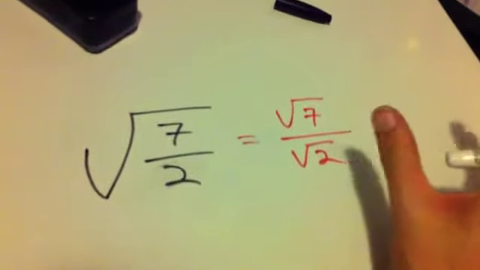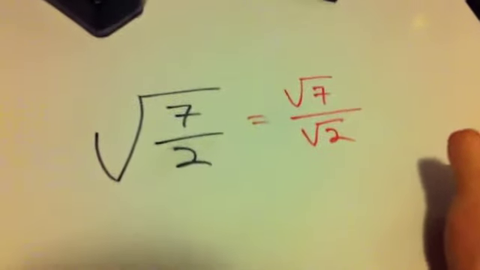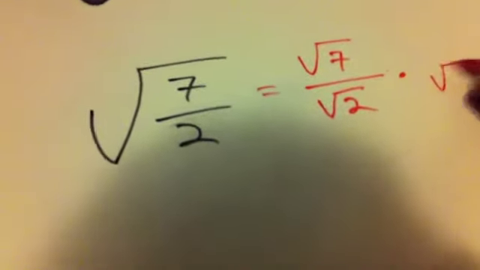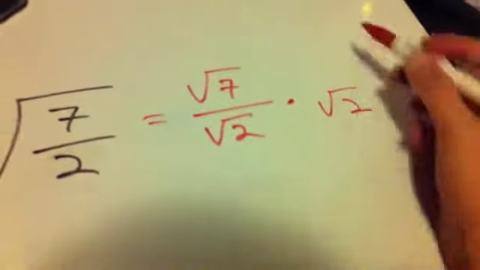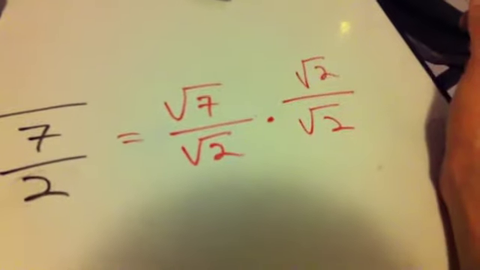The way we get radicals out of the denominator is called rationalizing the denominator. So what we do is we multiply the denominator by the same thing that's in the denominator. So radical 2 times radical 2. But what we do to the bottom, we must do to the top.